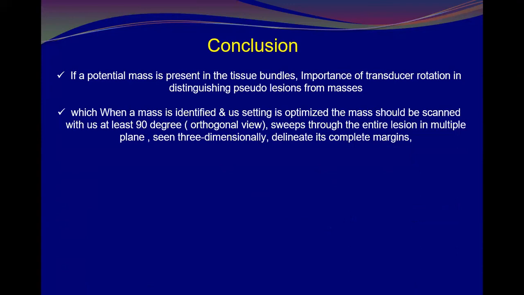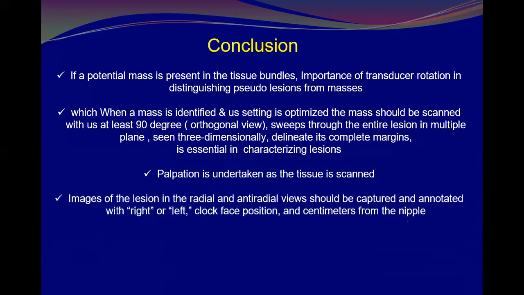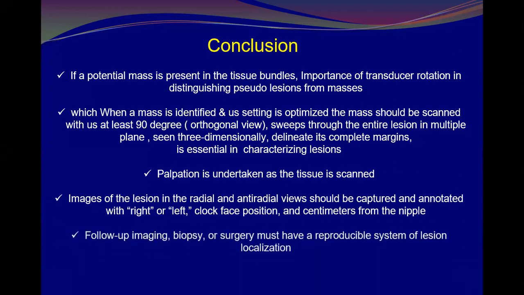Visualizing the lesion in a 3-dimensional pattern is essential to evaluate and characterize it. We also have to consider palpation while scanning, and images of the lesions in radial and anti-radial views should be captured and annotated with right or left, clock position, and centimeters from the nipple. This definitely makes it reproducible for surgery, biopsy, and follow-up.